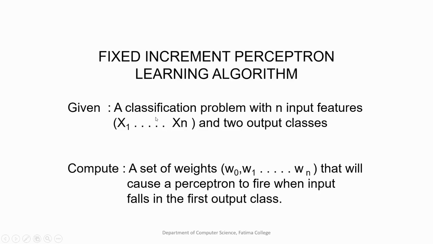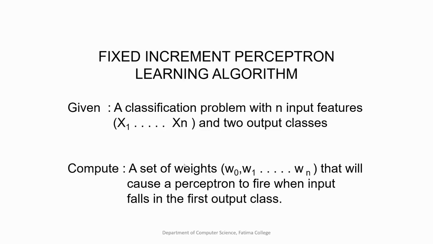The algorithm that we are going to learn here to see the learning process is called the fixed increment perceptron learning algorithm. In this, a classification problem with n input features is given, the x1 to xn vector, and it has to produce two output classes, either the black or the white dot.